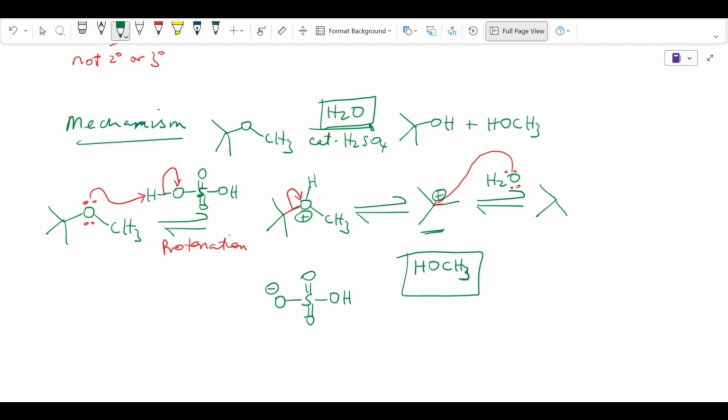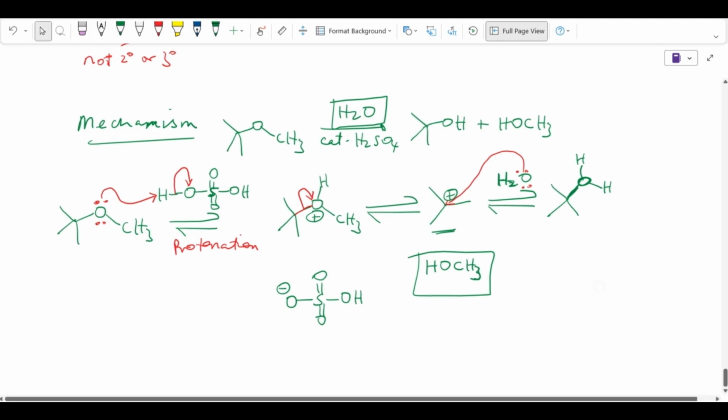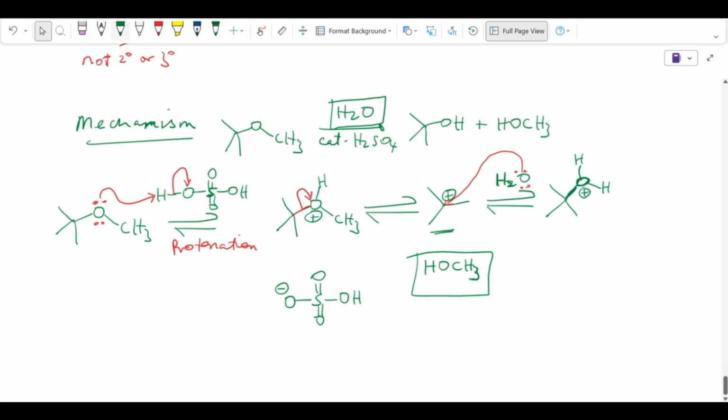This way, a new bond will be formed between that positively charged carbon and the oxygen of the water molecule. That oxygen has two hydrogens. When the oxygen forms a bond with the carbon, it will now have three bonds. Because it has three bonds, we will give it a positive charge.